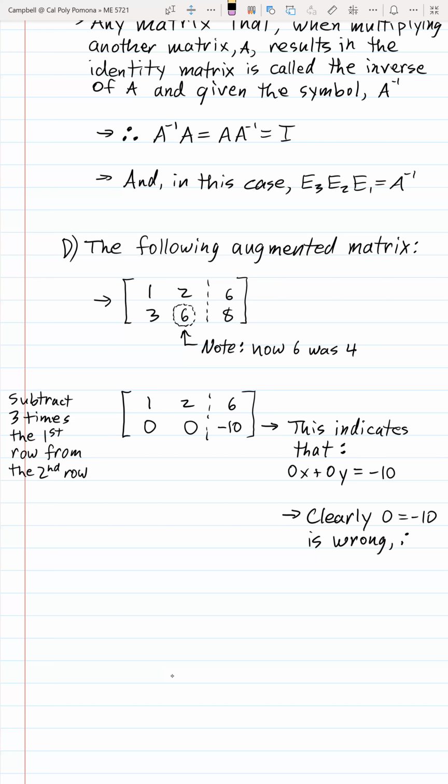And that means that this system is, of course, inconsistent. The first equation is telling us one thing.